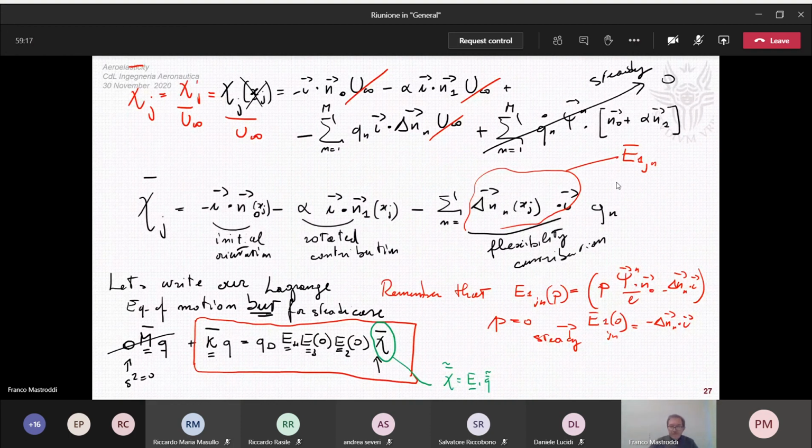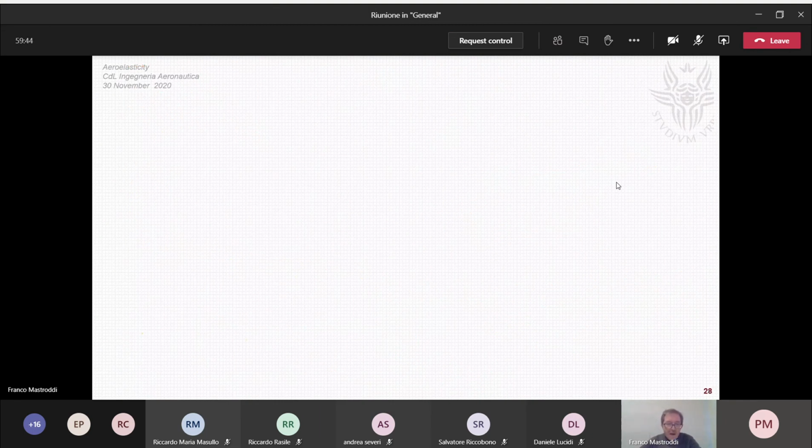And therefore, we have just to write this quantity here inside our vector key bar.